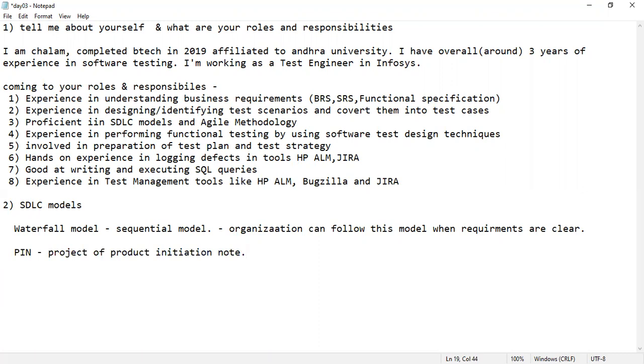So the PM will prepare the project initiation note and send it to the CEO or top level management. So this is what happens during the initial stage to get a project.